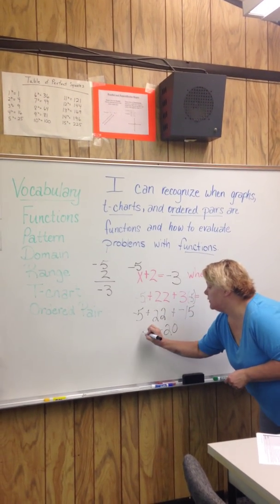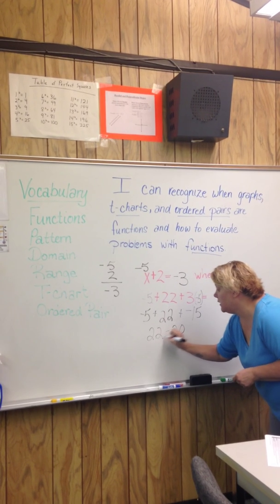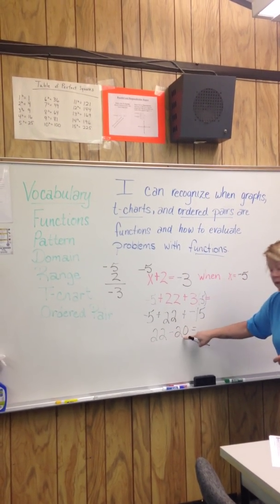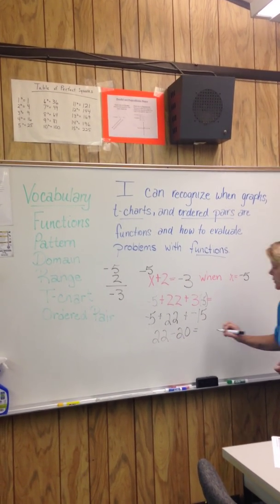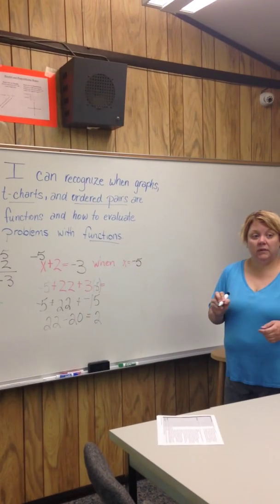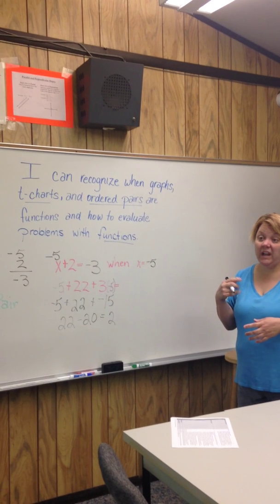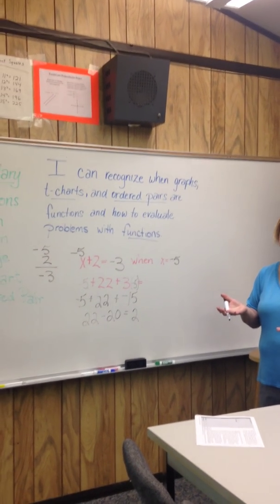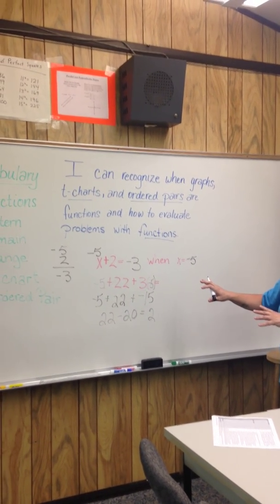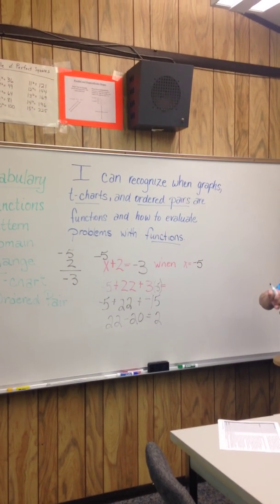And we have a positive 22 here, so 22 minus 20, which would be 2. Any questions about how I just kind of manipulated the numbers? Nope. Okay, and again, different people understand it in different ways. This is the way I understand it.